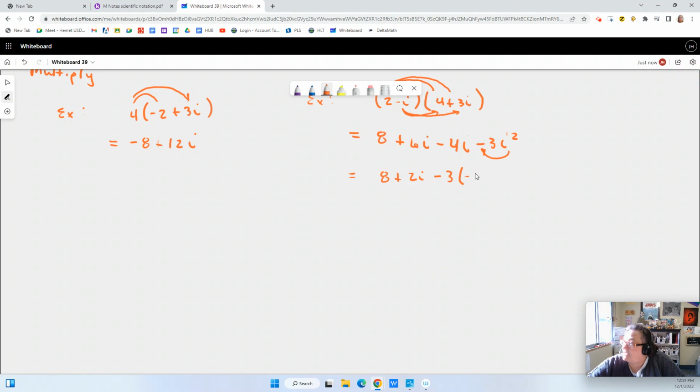Well, that's minus 3 times -1. And so that's the same as saying 8 plus 2i plus 3, right? Because -1 times -3 just gives me plus 3. And we can rewrite this now as 11 plus 2i. Does that make sense?